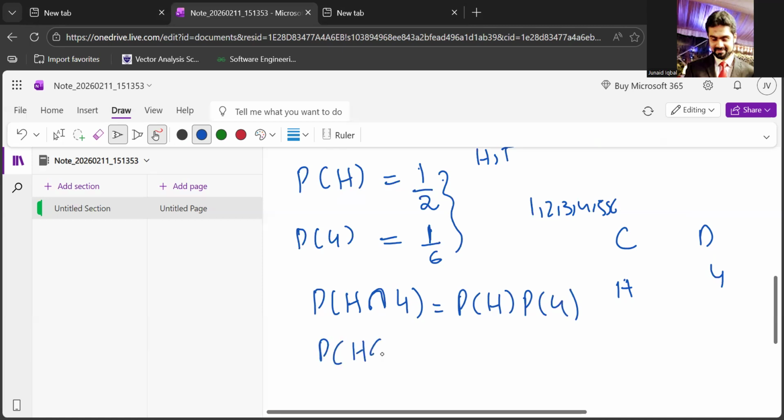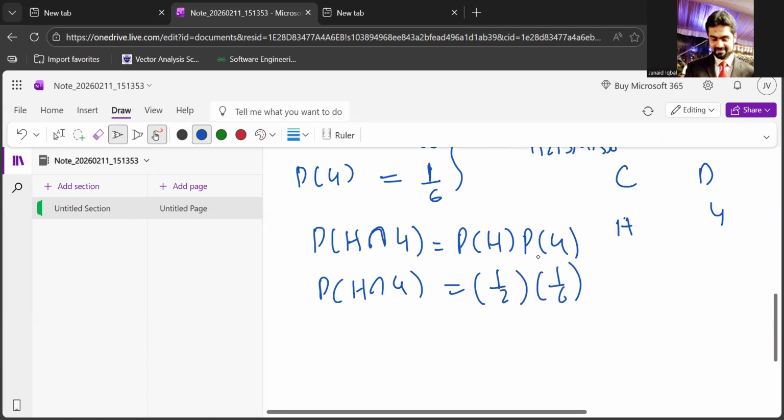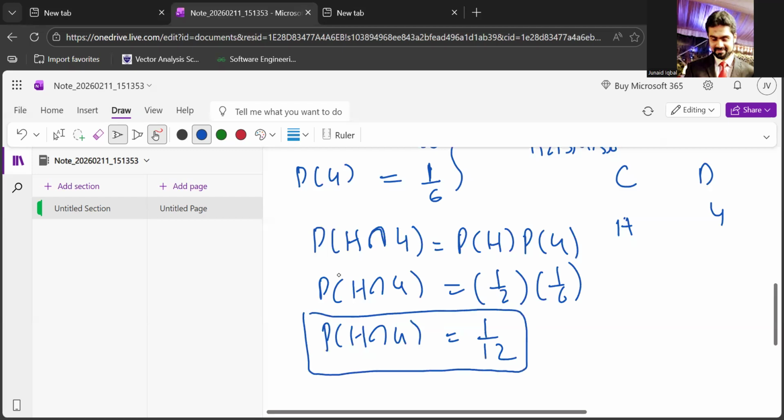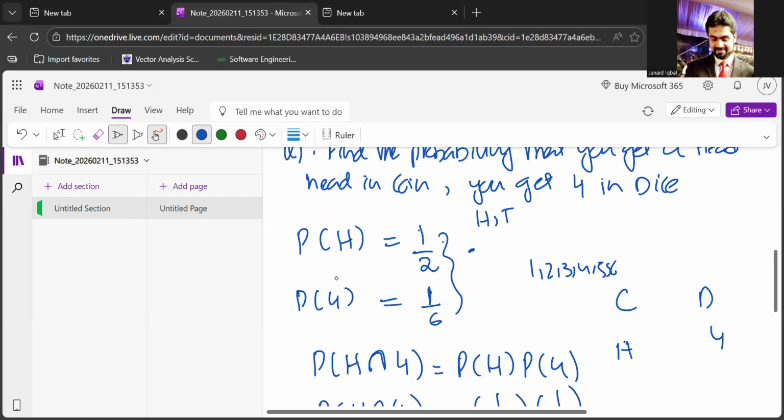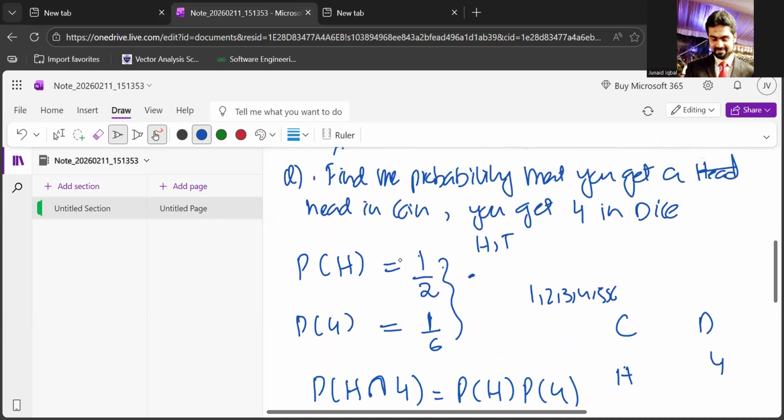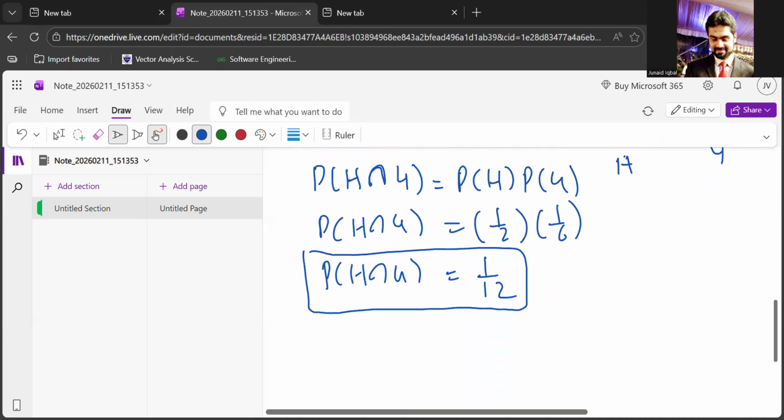So it would be 1/2 for head and 1/6 for 4. Altogether you're going to get 1/12. So that's it. This is for independent events, where we have two events occurring simultaneously, but both are independent of each other. I hope that gives you some idea.